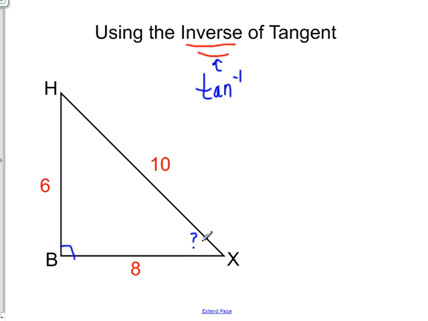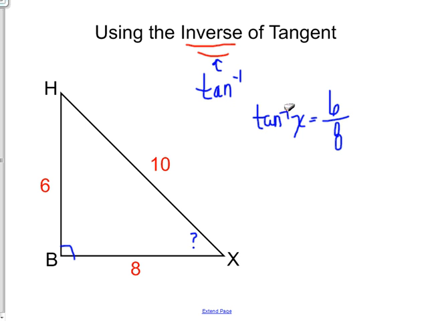If I'm trying to solve for the angle x, I need to figure out my tangent ratio first. So my opposite over my adjacent, which is 6/8, is equal to the tangent of x.